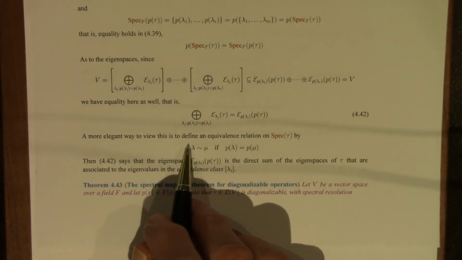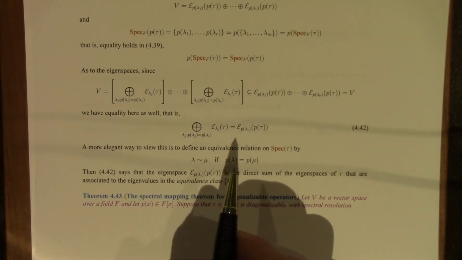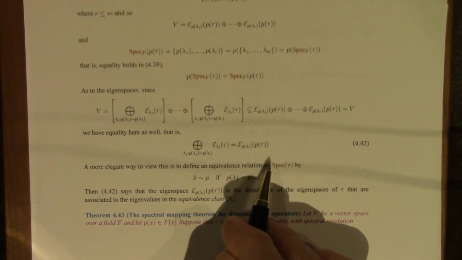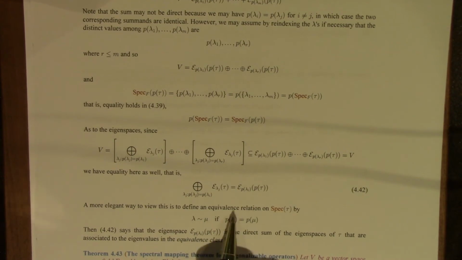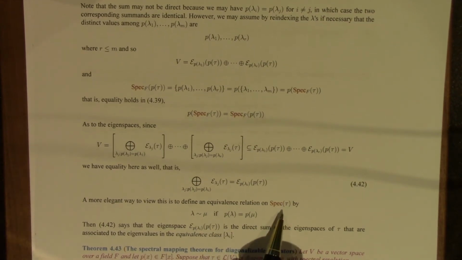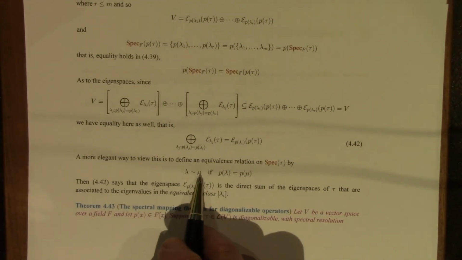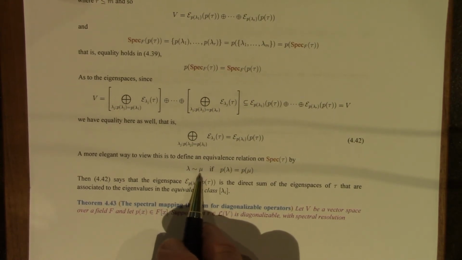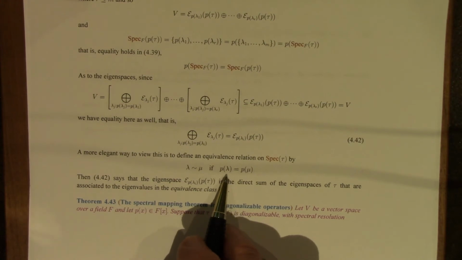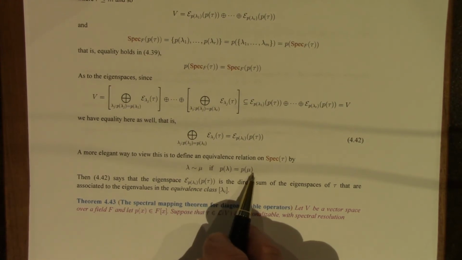There is a more elegant way to view this, and I guess it's arguable that maybe I should have done it this way in the first place. And that is to define an equivalence relation on the spectrum of tau by saying that two eigenvalues for tau are equivalent if and only if their p-values are the same.